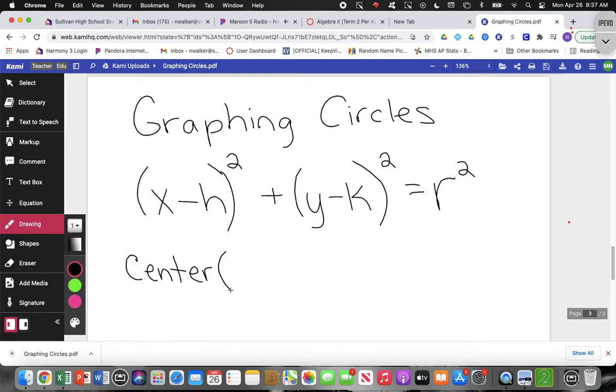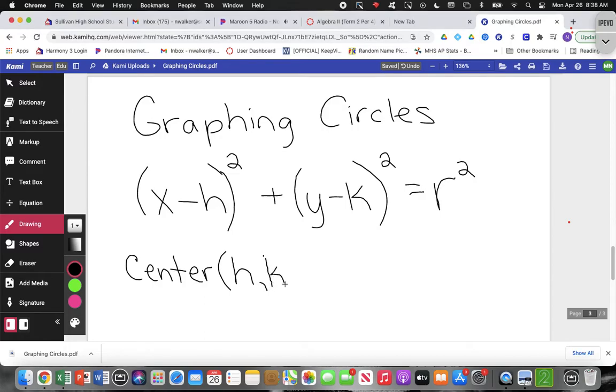We always call the number being subtracted from x h. Do you see how that's a negative h here, but it's a positive here? Whatever sign you see in the parentheses, it'll always be the opposite for that x coordinate. The same thing for the y. It's a negative here, but it's a positive here.